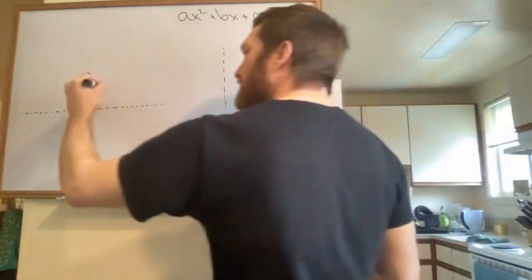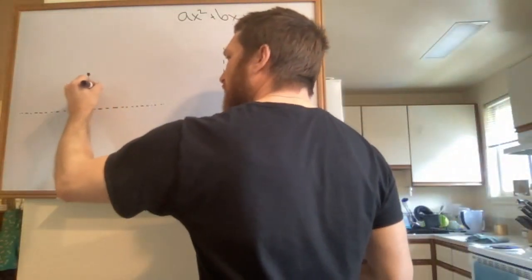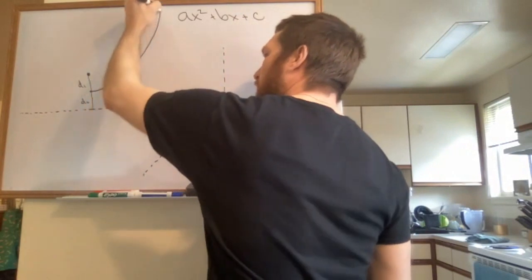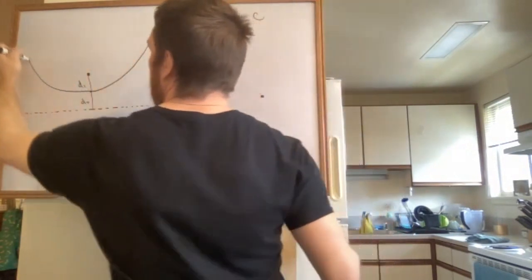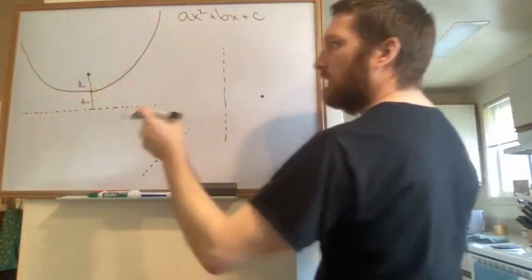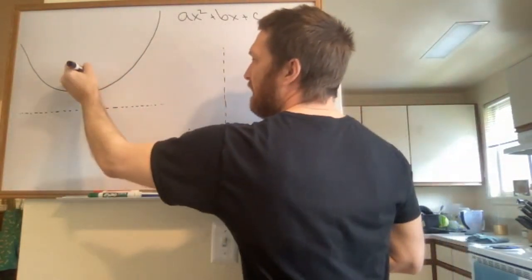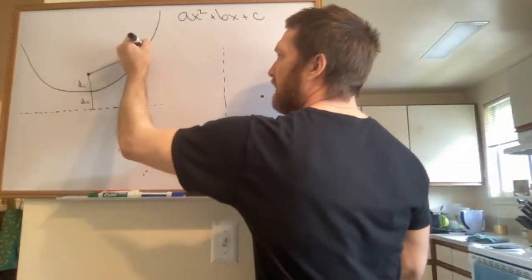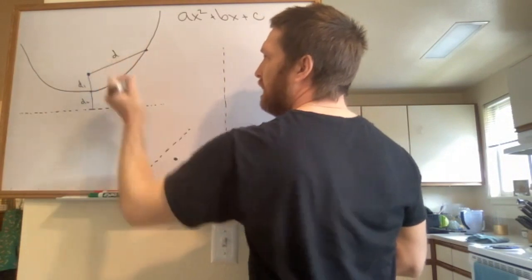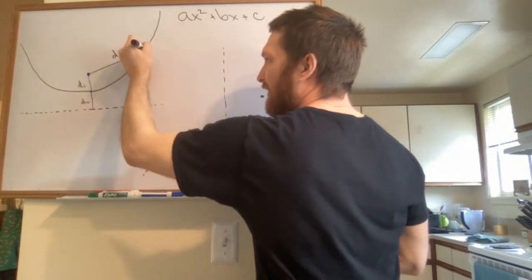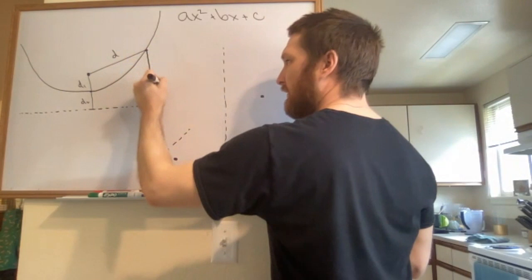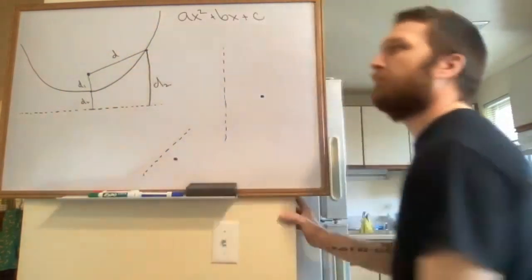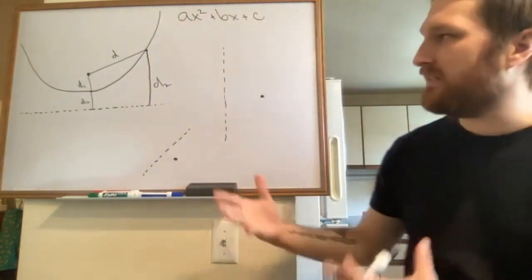And if we take all such points, you end up with a parabola. Again, to be clear here, we're saying that this distance from here to here is equal to this distance from here to here. So this is another way of presenting a parabola.